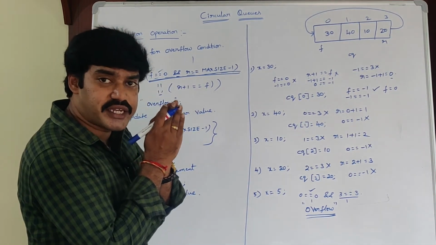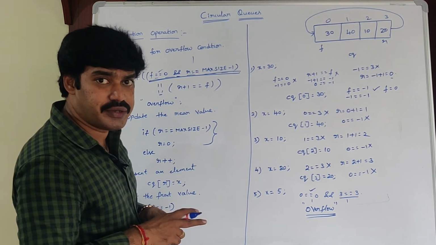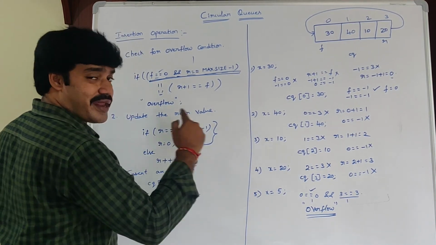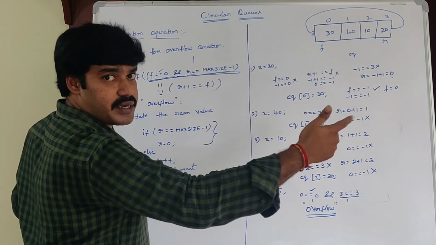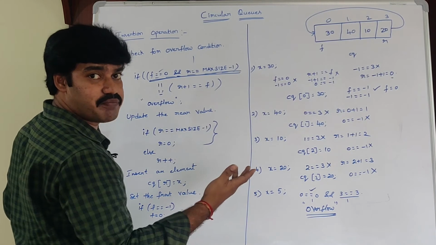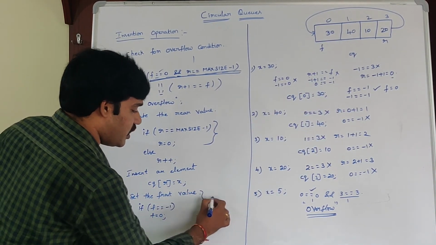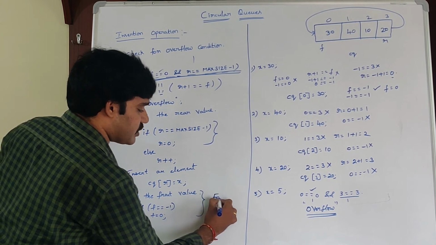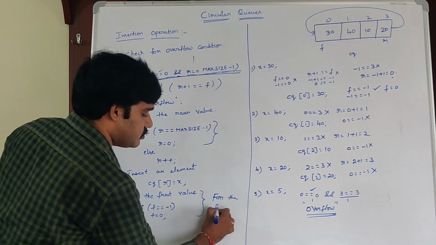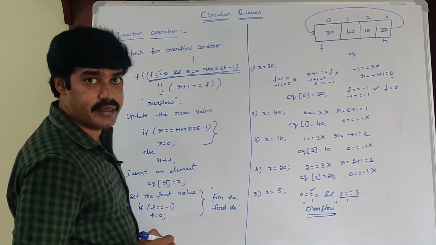If circular queue data structure is not full, if we try to insert an element into the circular queue, then check whether the rear pointer reaches max size minus 1 or not. If it reaches max size minus 1, then reset that one to 0. Otherwise, simply R++. This block of code is executed only for the first element.